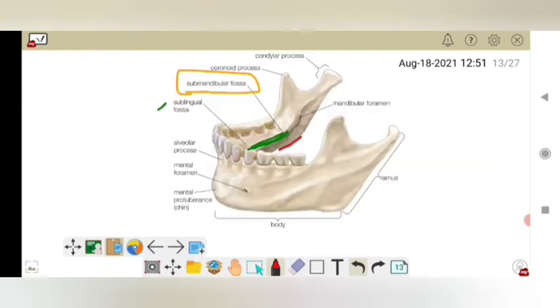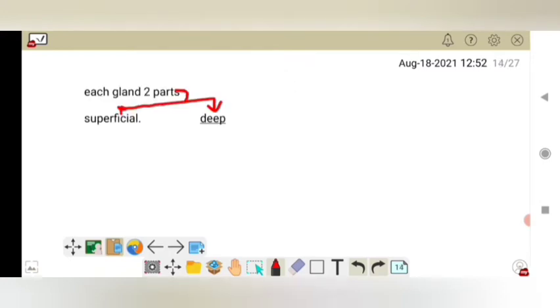This is the submandibular fossa, the location of the gland, and the mylohyoid line. This is the sublingual fossa. The mylohyoid line divides the two glands, sublingual and submandibular. Each gland has two parts, superficial and deep.